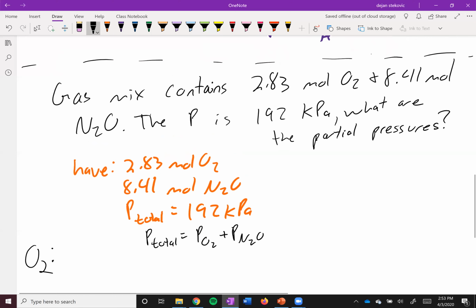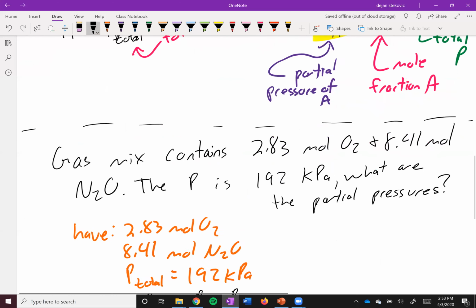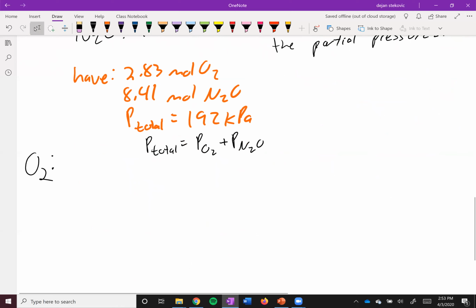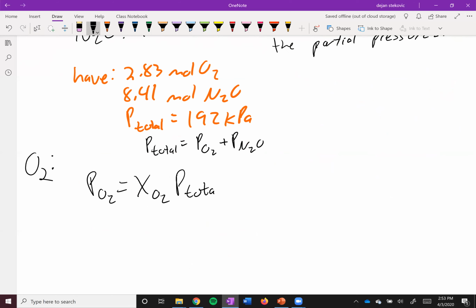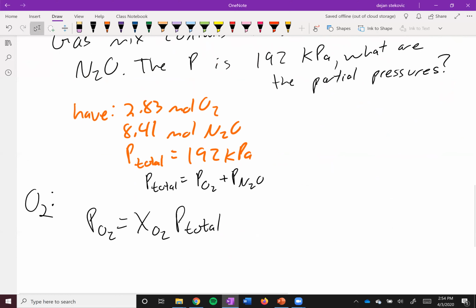So we know that's true, and then we also know this equation up here, that the partial pressure of A is the total pressure times the mole fraction. So we know that the pressure of O2 is equal to the mole fraction of O2 times the total pressure. And so if we think about P total, we're given that number right there, so we can plug that in. PO2 is what we want to solve for, so we can't just solve that right away.